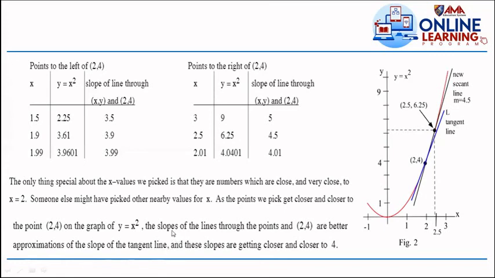Sabi niya, habang lumalapit po tayo dito sa point 2 and 4, dahil kinuha lang natin 1.99 sa 2.01, this value is a better approximation of the slope for the tangent line. And these slopes are getting closer and closer to 4.